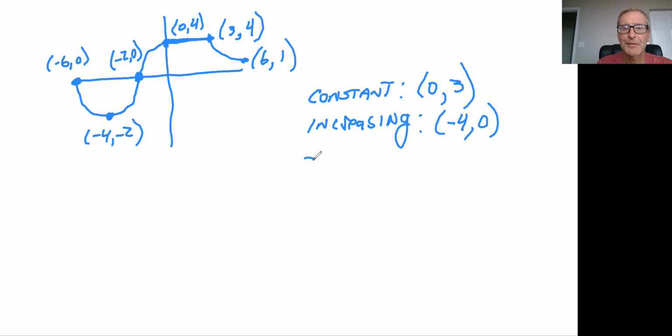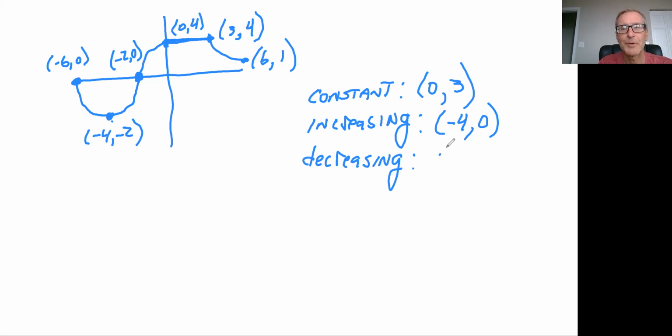So where is it decreasing? Well, there's a couple places, right? The first place would be from -6 down to -4, because you can see as the x value is going up, the y value is coming down, and we have a negative slope right there.